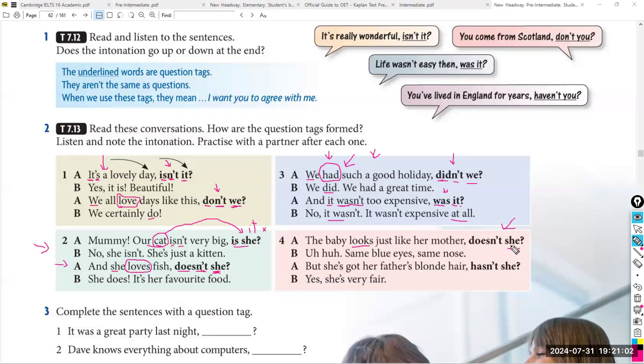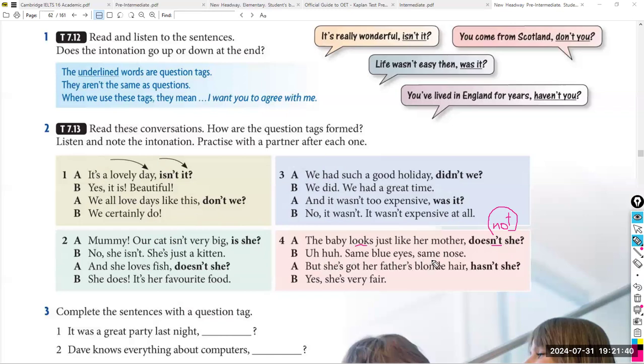Exactly, he or she, and with he or she, I have to write does. Why I wrote the negative not? Because it's a positive sentence. Thank you so much, because it's positive. Can I write not like this in the question tag? No. No, thank you. I have to write the not all the time in abbreviation. So the baby looks, simple present, just like her mother, doesn't she?